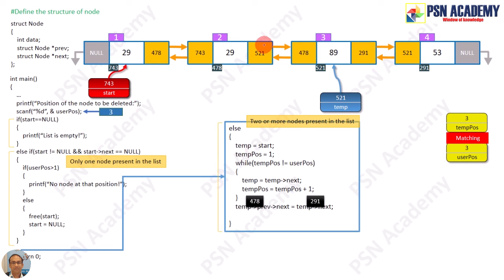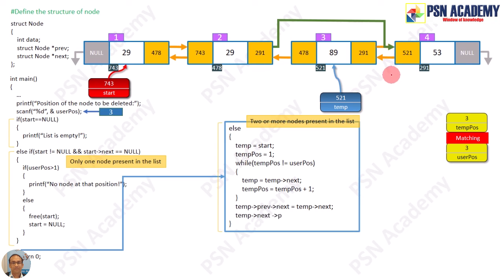So you see here that this 521 is loaded with 291, and as soon as 291 is there, this link breaks and this link will be established.